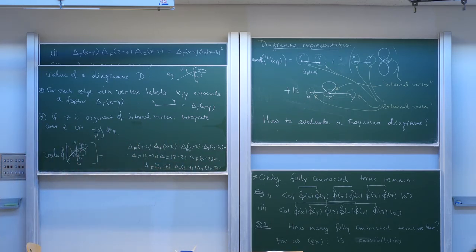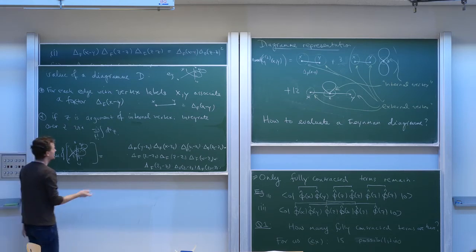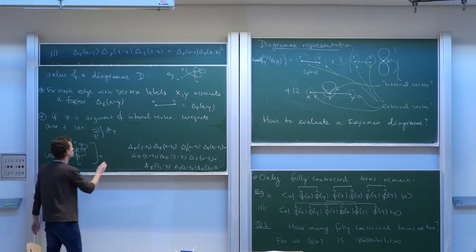So it's this big mess of Feynman propagators there. And then we've got to integrate over these 4 internal vertices.